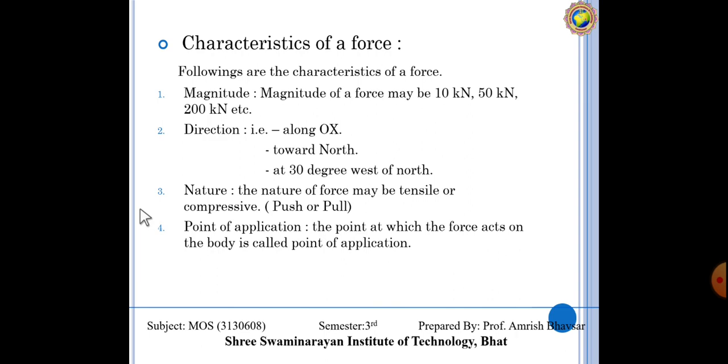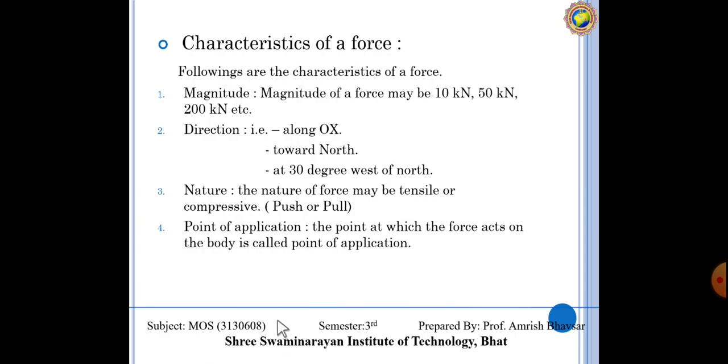Third one is the nature. There are two types of nature. First one is compressive and second one is tensile. Compression means it is a push type, and tensile means it is a pull type.